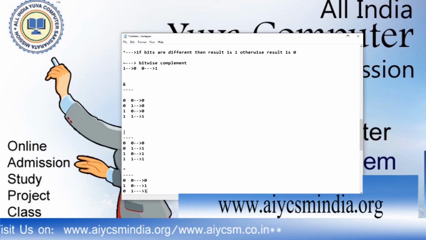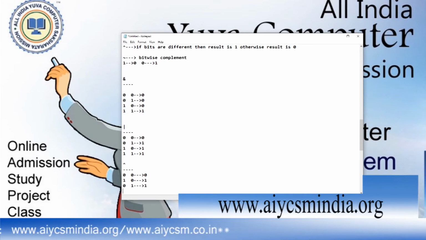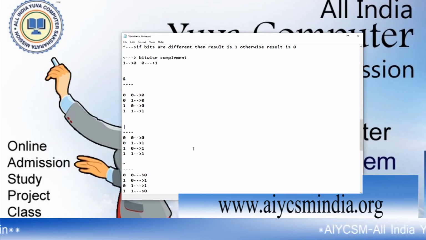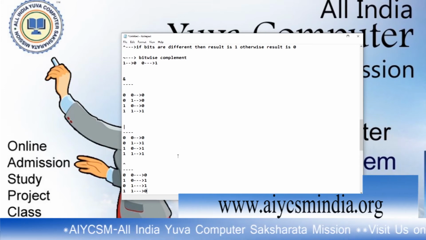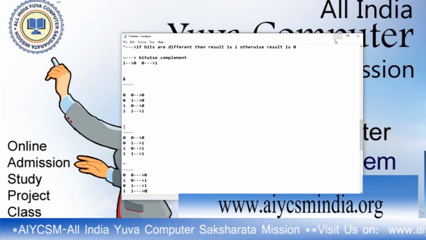If the bits are different, then the result is 1, else it is 0. So this is the logic. And for the complement, if it is 1 then it's 0, and if it is 0 then it's 1. Okay, this is the concept.